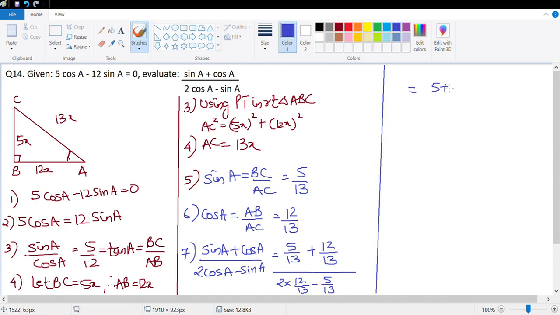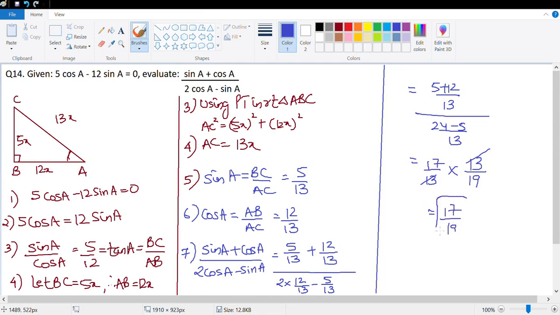So this is 5 plus 12 upon 13 divided by 24 minus 5 upon 13. This is 17 upon 13 multiplied with 13 upon 24 minus 5, that's 19. So this is equal to 17 upon 19. That's the final answer. Let's look at the next question.